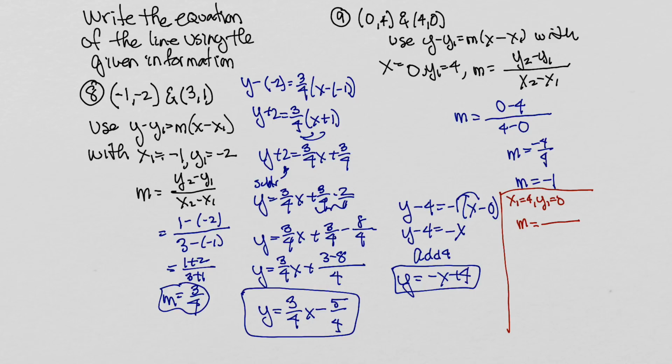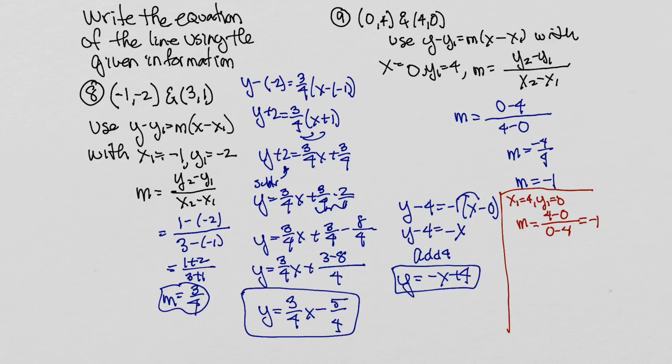Now this is the first, this is the second. So it would be 4 minus 0. And then x2 minus x1 becomes 0 minus 4. Remember, this is the first point, this is the second, if we're reading this way. Now that gives us 4 over negative 4, which is still negative 1. We still get the same slope.